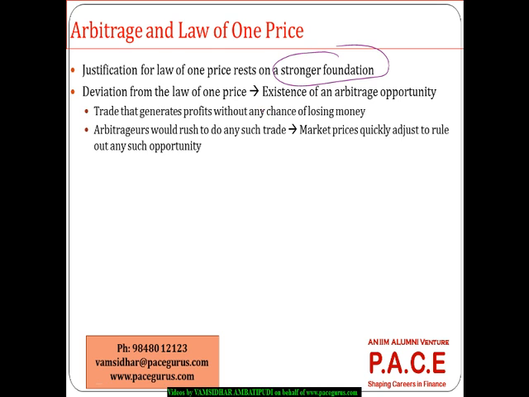Anything which I am calling arbitrage profit should generate a profit without any chance of losing money. But at the same time, we have to understand that because that kind of opportunity is available, the people called arbitragers are rushing for it. They execute it in bulk. Those kinds of trades happen; they are just observing, waiting for the opportunity.